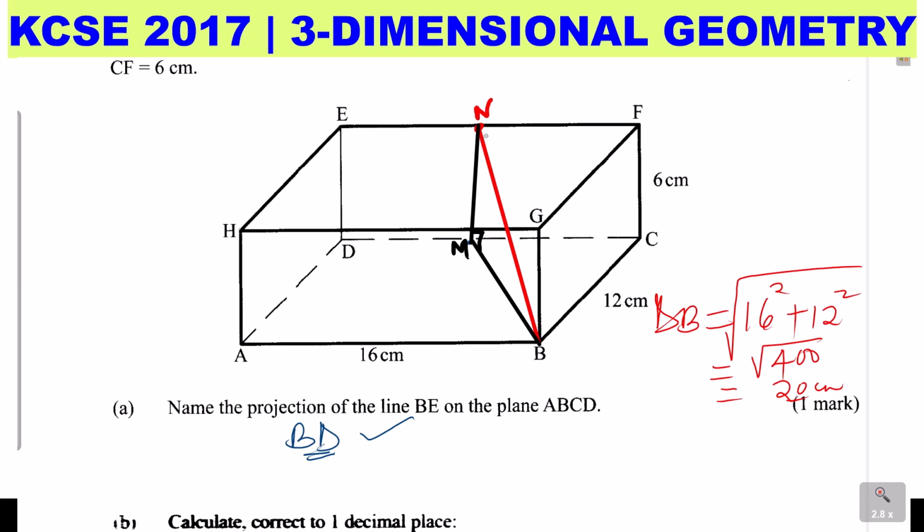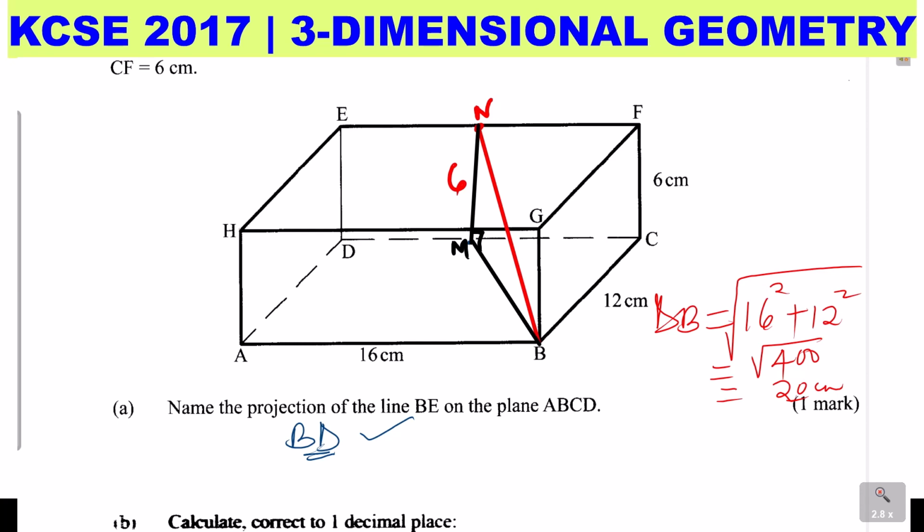I've just given M as the projection of N. Now having these, just look at that triangle and look at the side that you have. The only side that I have is this, which is 6. NM is 6. So in order to get BN, because you can see BMN is a right-angled triangle, I need to get BM. So how do I get BM?